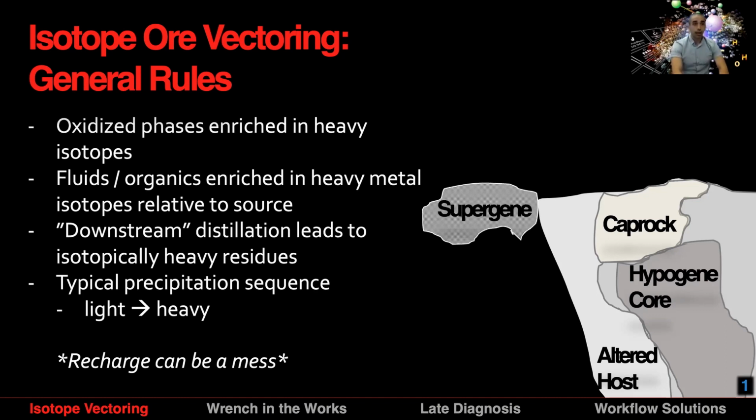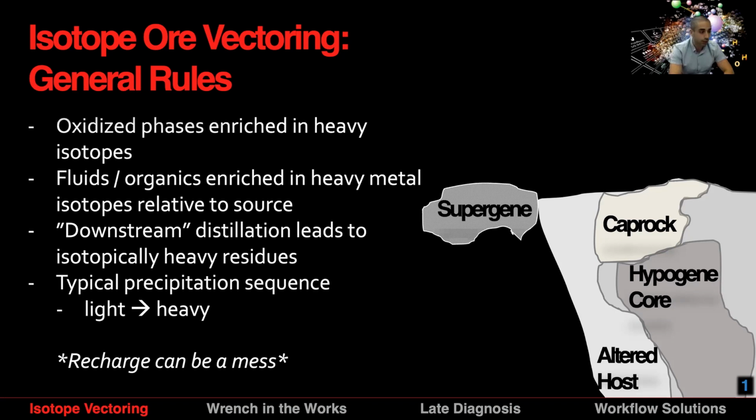Oxidized phases will tend to be enriched in heavy isotopes, because shorter, stronger bonds will favor the heavy isotopes, basically because this decreases the overall energy of the system. Fluids and organics will tend to be enriched in heavy isotopes, say for metals, relative to their source.